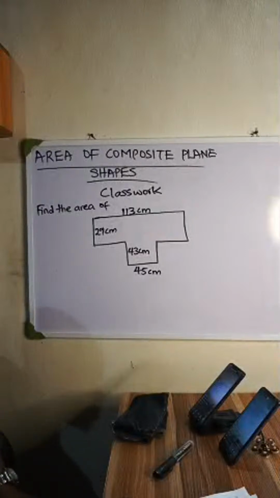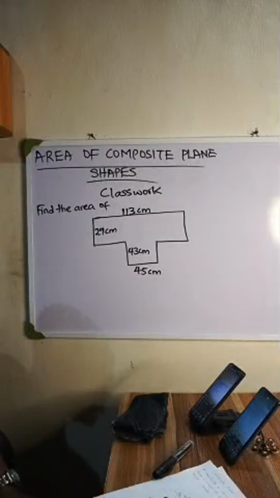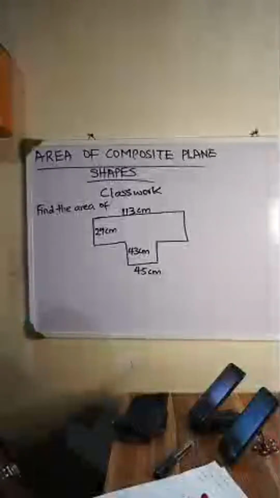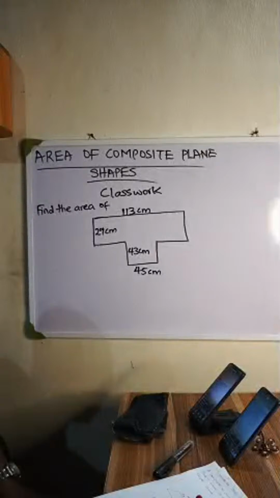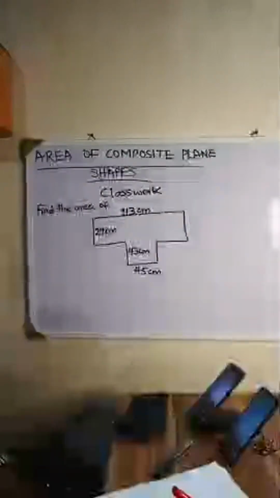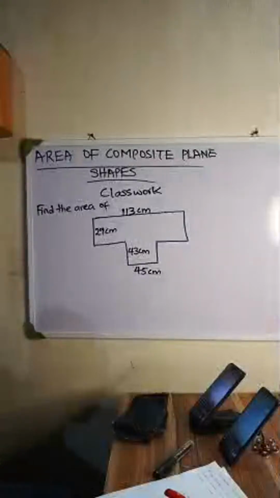While you're solving, let me get my pen and solve mine. Okay, you can write centimeter square. So that means your answer is 5212 centimeters square.